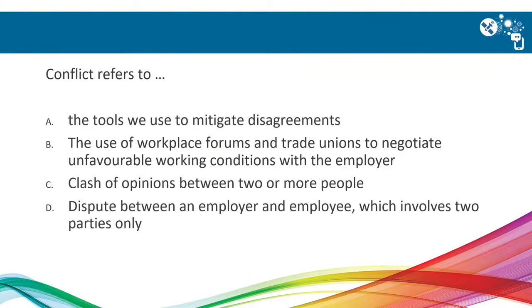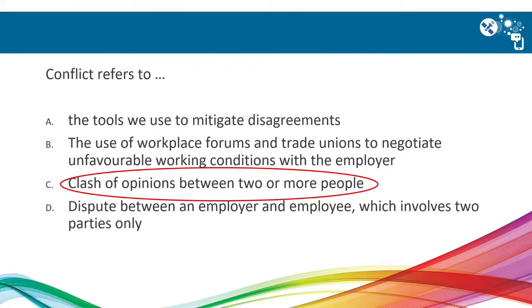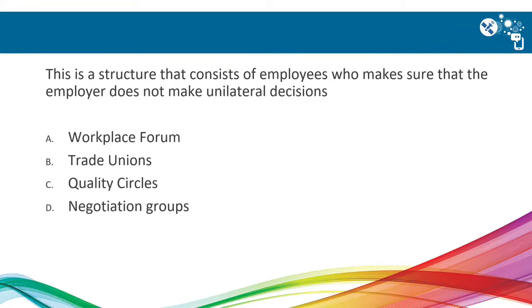Conflict refers to clash of opinions between 2 or more people. Now remember, it doesn't necessarily need to be 2 people, it can be 2 or more parties. Okay. This is a structure that consists of employees who make sure that the employer does not make unilateral decisions. We've just been through that.